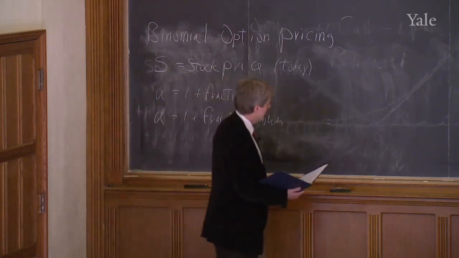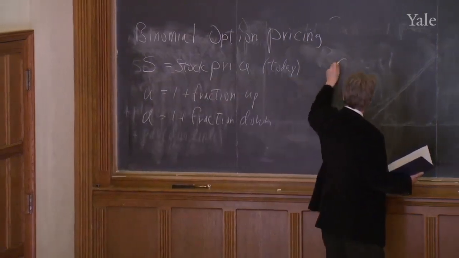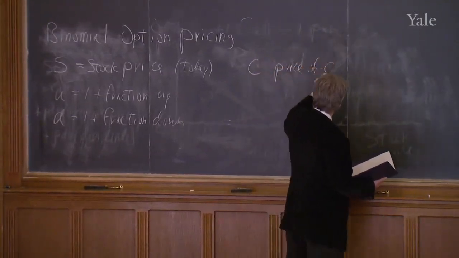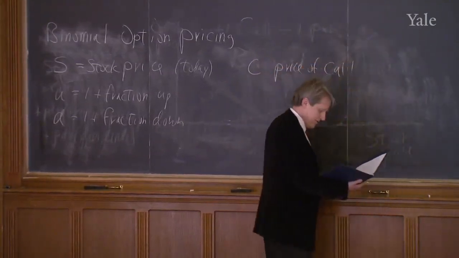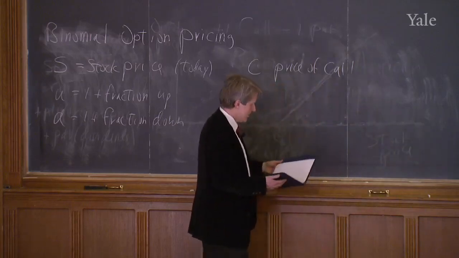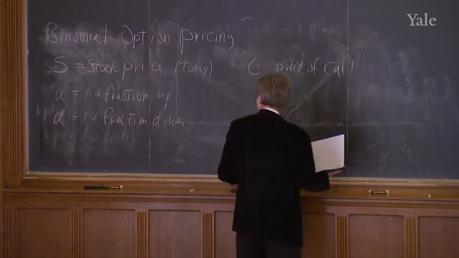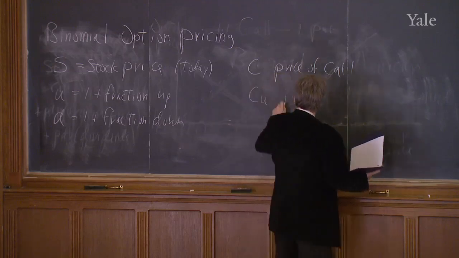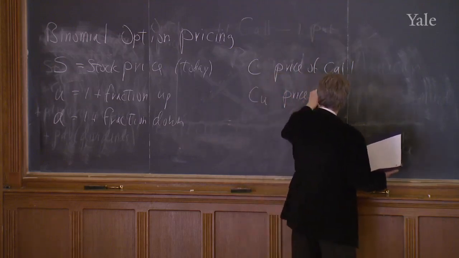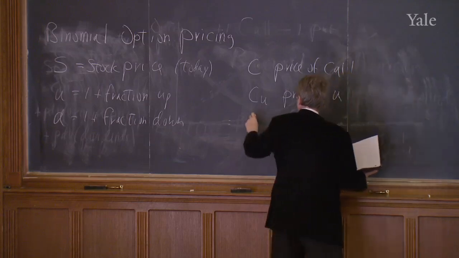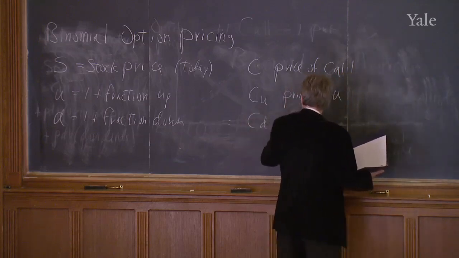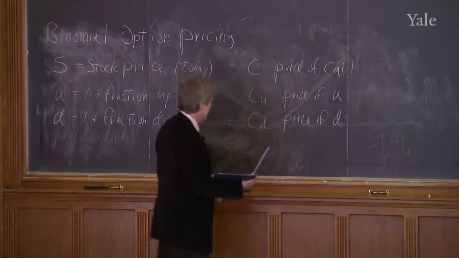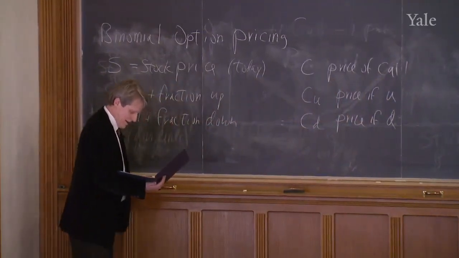But now we have a call option. Call C the price of the call. We're going to try to derive what that is. But from our broken straight line analysis, we know what C sub U is, the price if the stock goes up, and we know what C sub D is, the price if it goes down.